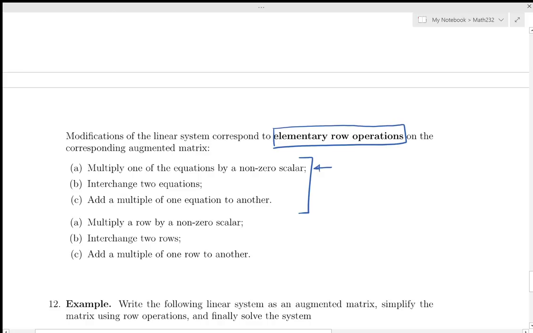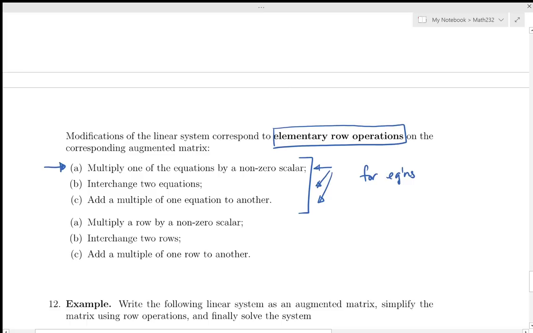We multiplied one of the equations by a non-zero scalar, we interchanged two equations, and we added a multiple of one to the other. Now what I've got here is with 4 equations. So you can imagine doing this operation on your equations and then seeing what happens to your augmented matrix.